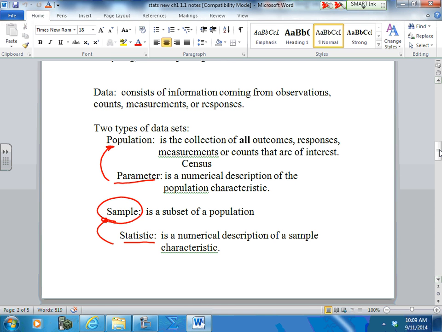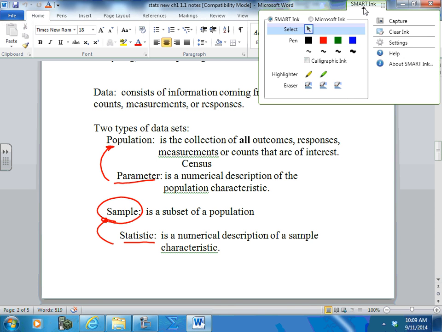And it's not against the law not to send it in. So, usually somebody's going to follow up on this, but it doesn't mean you're being arrested if you don't send it in. So you don't always get all your outcomes and your responses that you're looking for. So sampling is mostly used when we collect data.